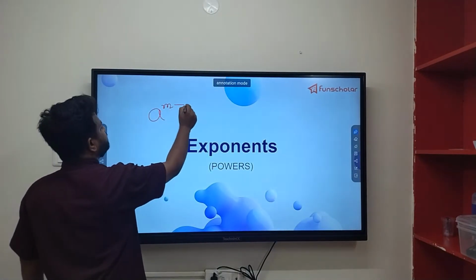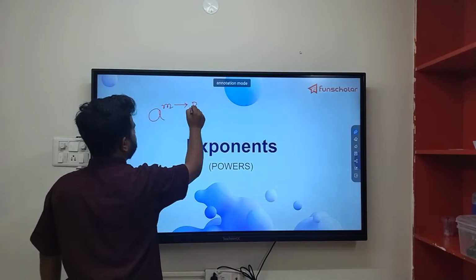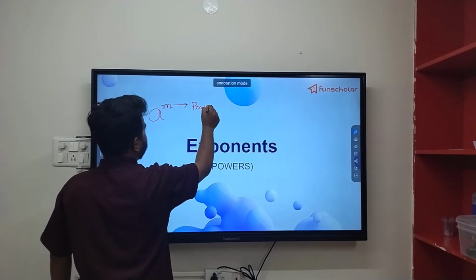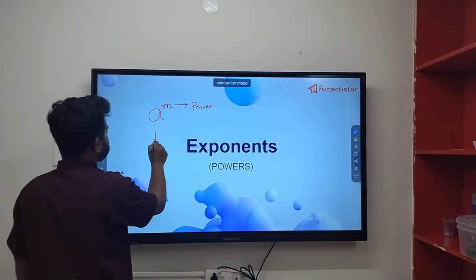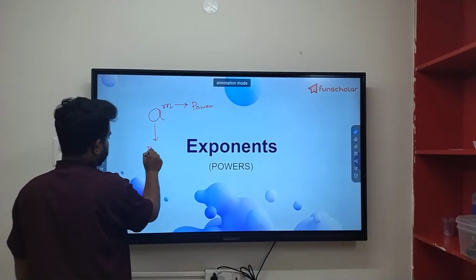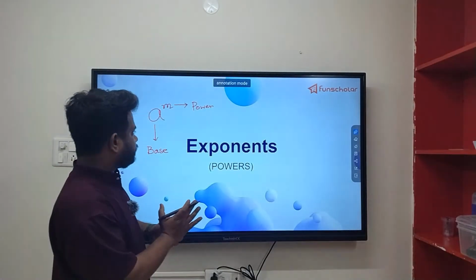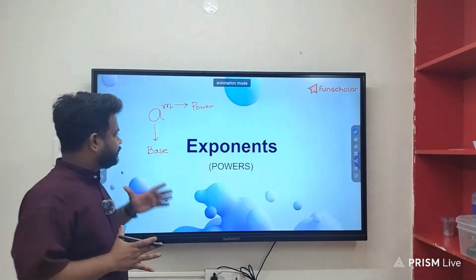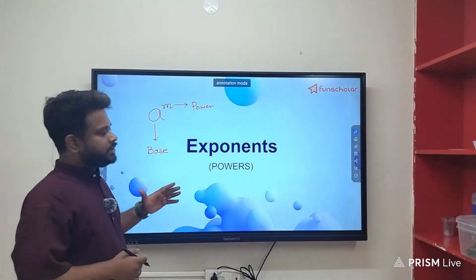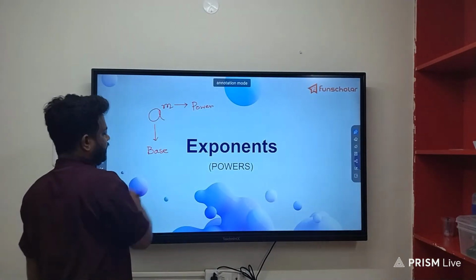This is known as the power and this is known as the base. This is the basic structure of exponents or powers with the base.